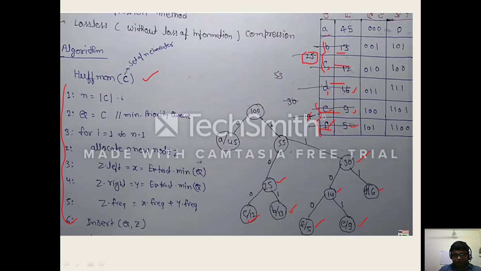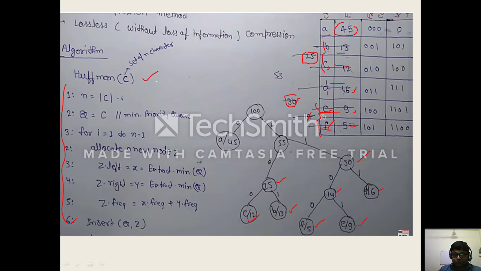Now the remaining entries are A equal to 45, this 25 and this 30. Out of these three, 25 and 30 are the smallest values, so we keep them as such.